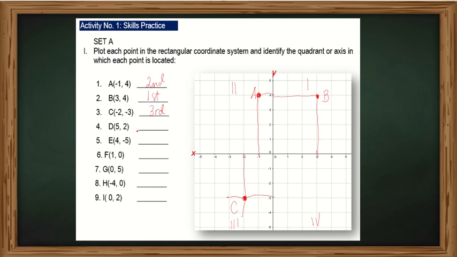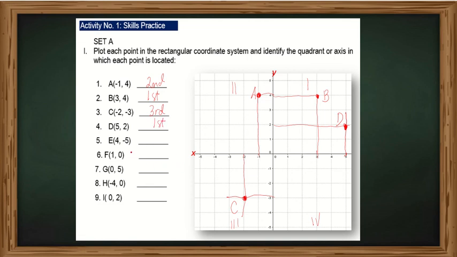Next, point D. Coordinates are +5 for x and +2 for y. So we're going to draw a vertical line up and a horizontal line here. So we have here point D, and it's found on the first quadrant.